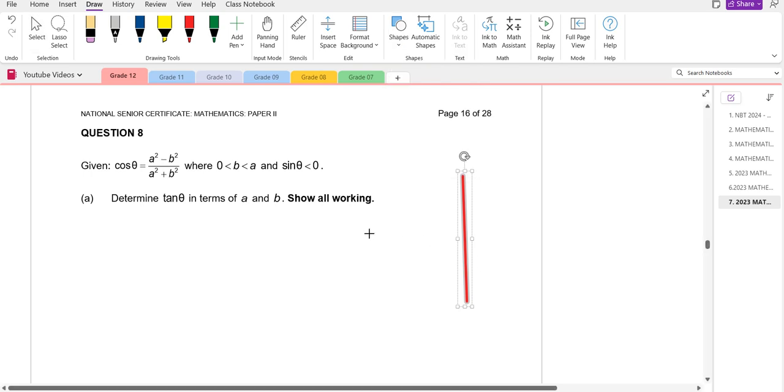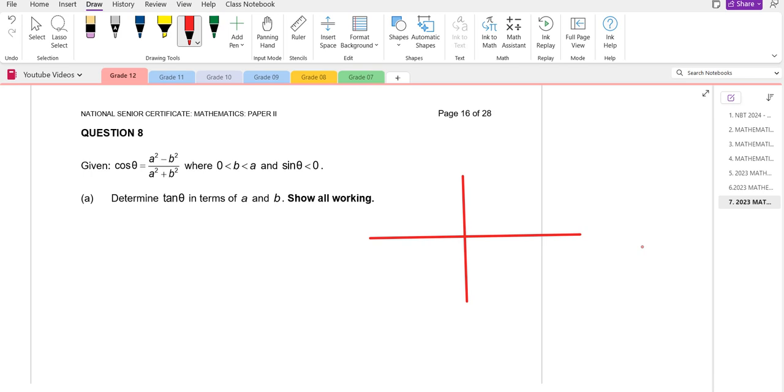Sine is negative in the, let's write it down, CAST diagram. Now how do we know whether this is positive or negative? So a squared minus b squared, because a is greater than b, this is positive, and the denominator is always positive. So a squared minus b squared has to be a positive answer.